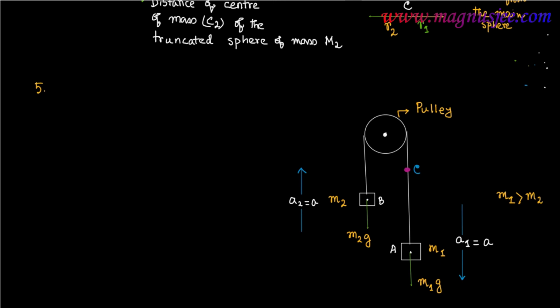Now, the center of mass of this system is C. C is the center of mass of the system containing two blocks.